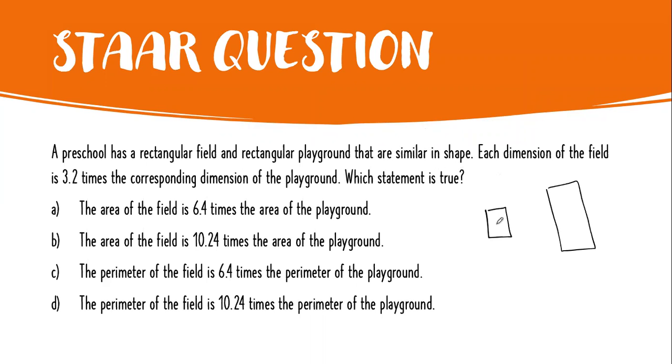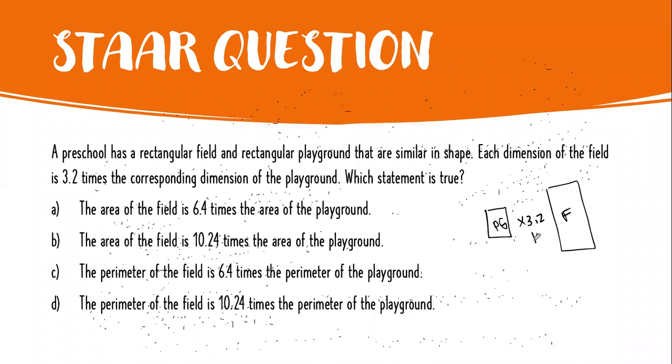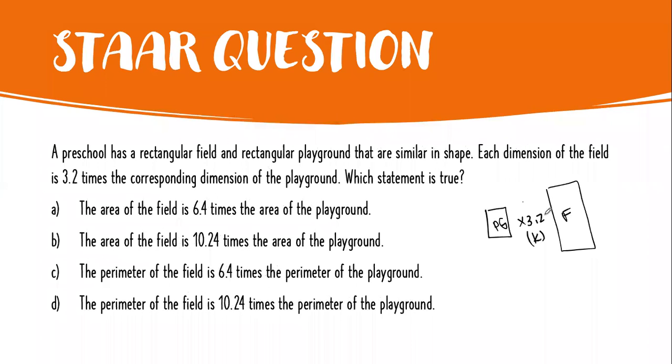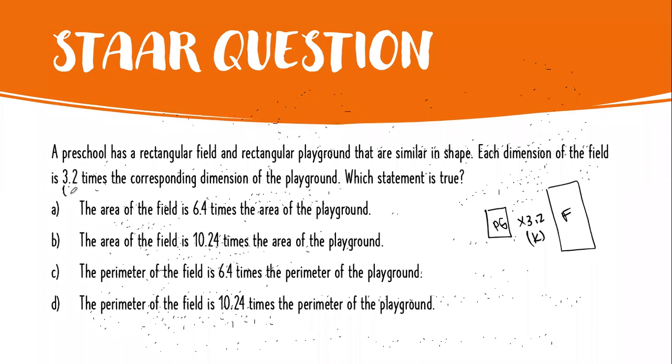So let's say this is the playground, this is the field. The field is 3.2 times. So we know that the scale factor is 3.2 because the field is 3.2 times that of the playground. So our scale factor is K.